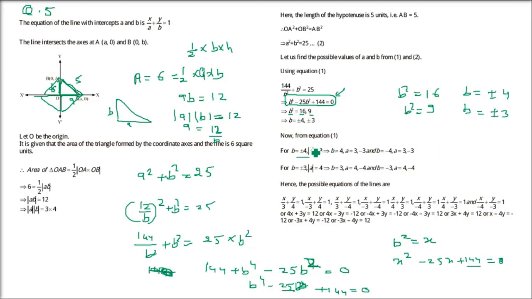Now A can also be positive, negative. So if B is 4, A can be 3 or minus 3. If B is minus 4, A can be 3 or minus 3. So we have (3, 4), (minus 3, 4), (minus 3, minus 4), (3, minus 4). All these four options are there.